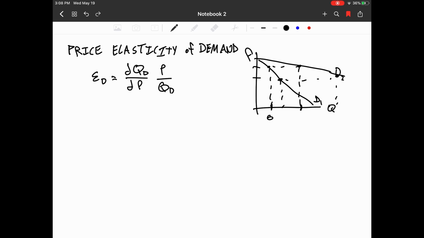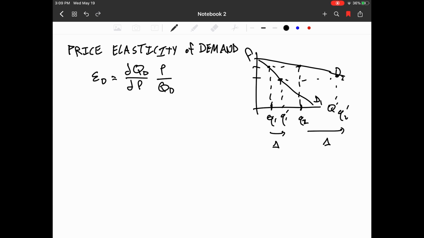So we go from Q1 to Q1 prime. This change is much smaller than Q2 to Q2 prime. So the responsiveness of the flatter demand curve is greater.